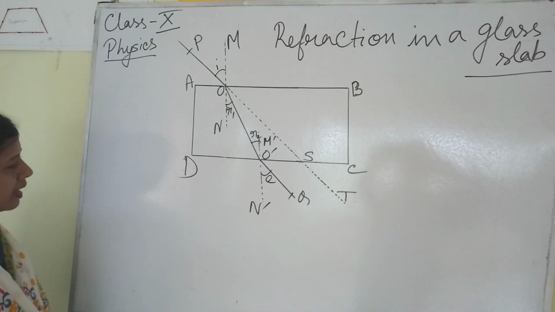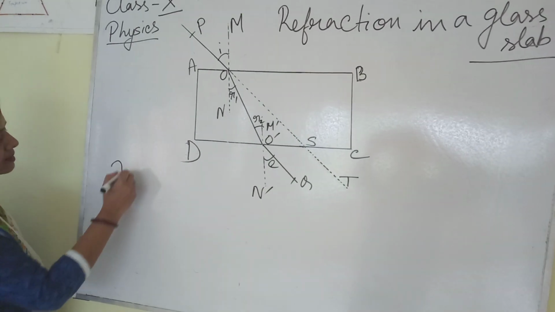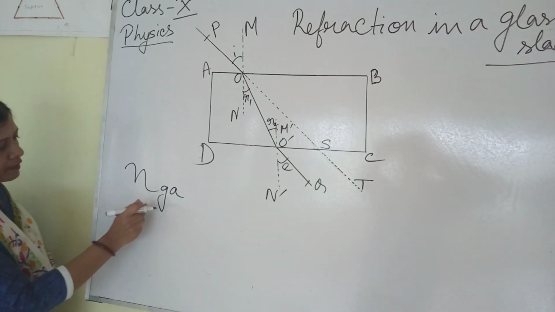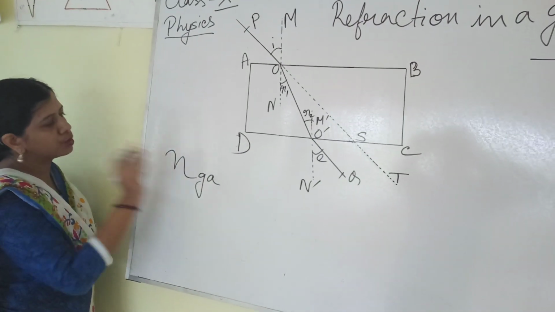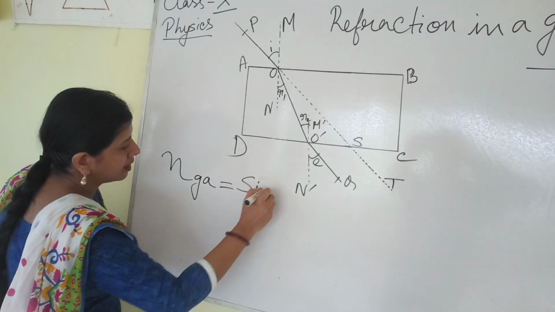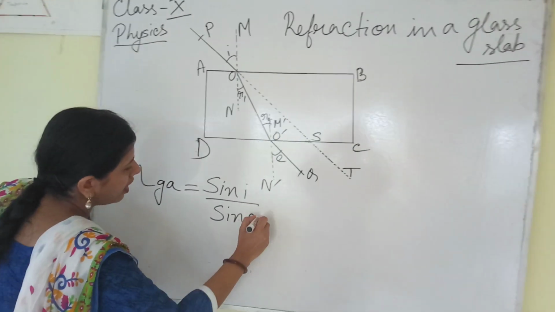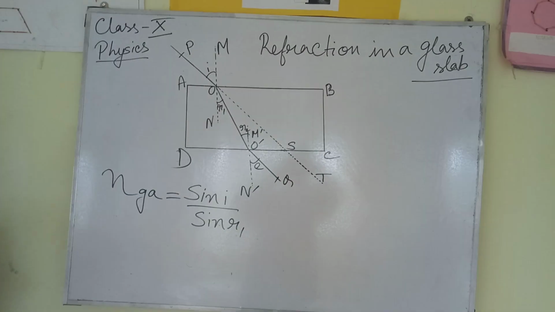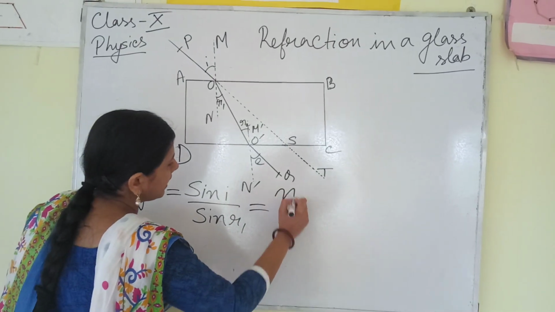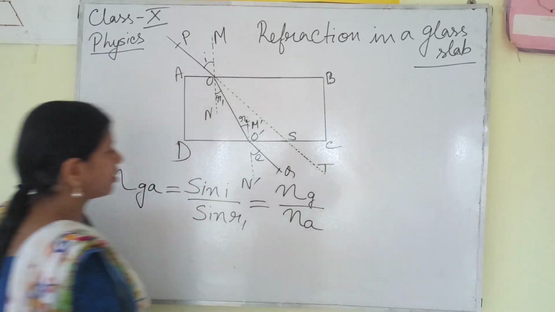For that I will do some calculation here. According to Snell's law, the refractive index of glass with respect to air is equal to sin I by sin R1. You know it very well. This is also equal to refractive index of glass by refractive index of air.